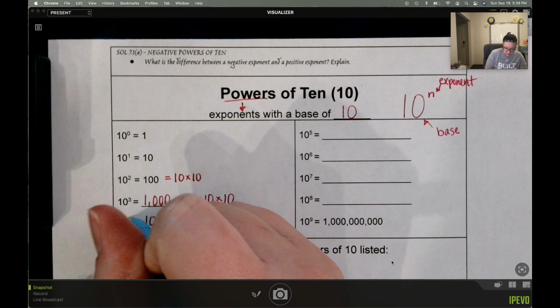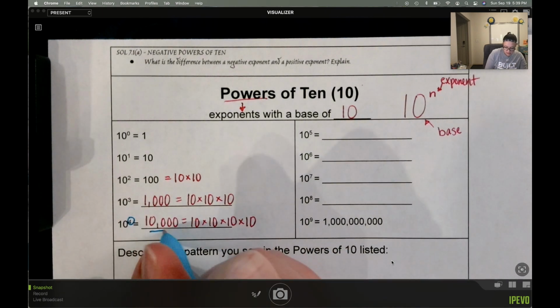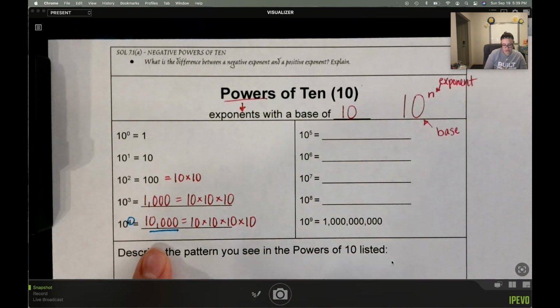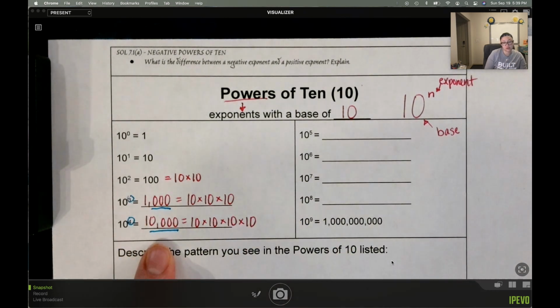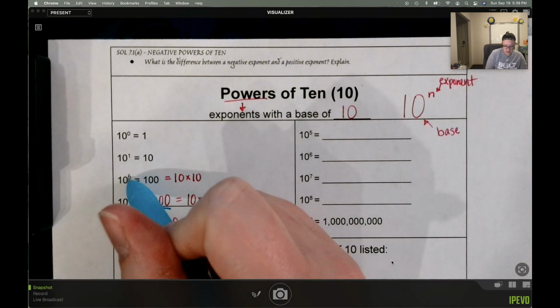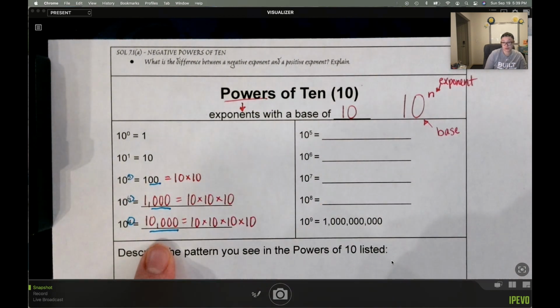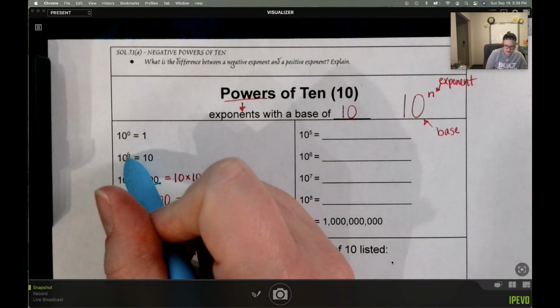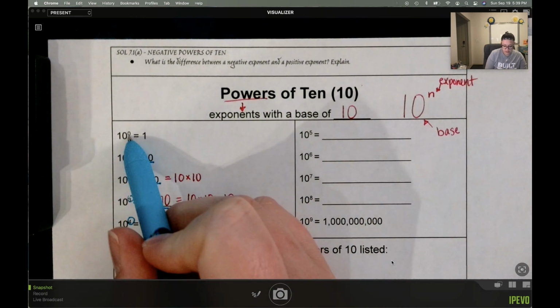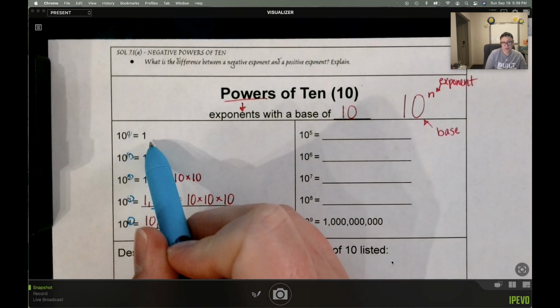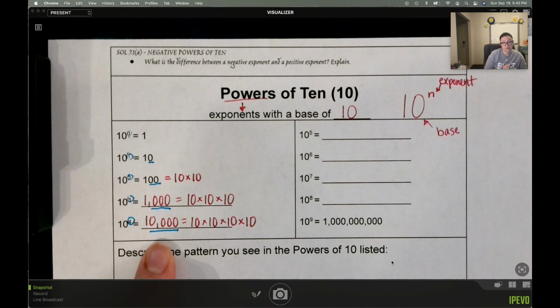The number of the exponent is how many zeros there are. 10 to the fourth power, we have 4 zeros. 10 to the third power, we have 3 zeros. 10 to the second power, 2 zeros. 10 to the first power, we have 1 zero. 10 to the 0 power, we don't have any zeros.